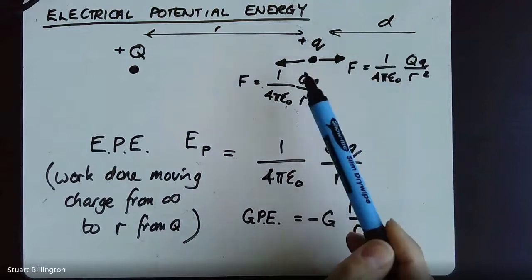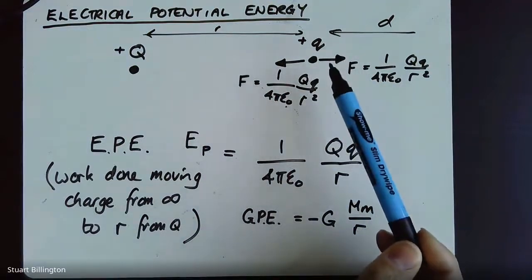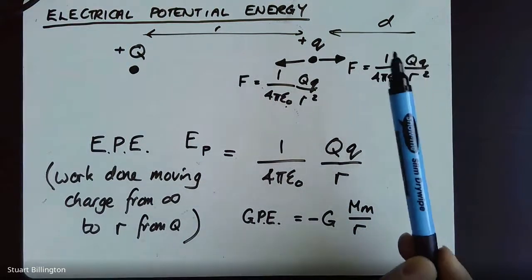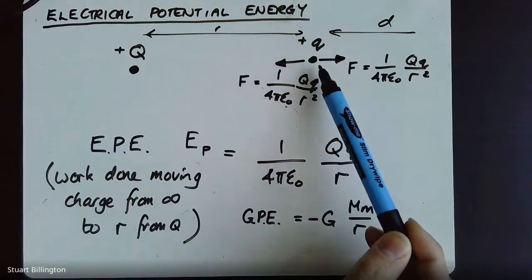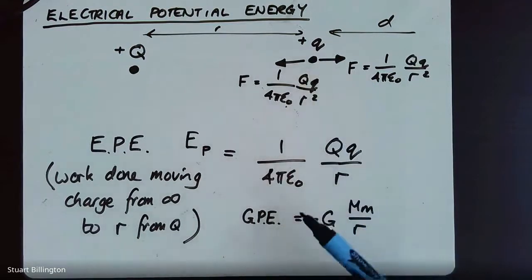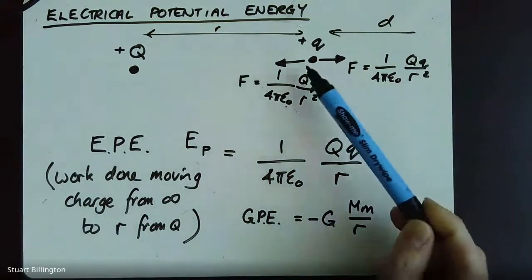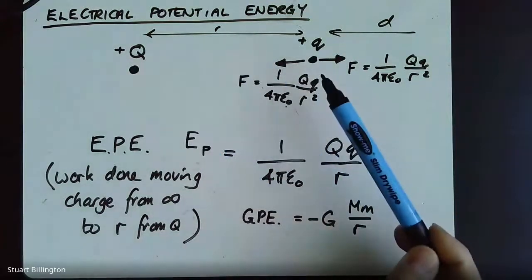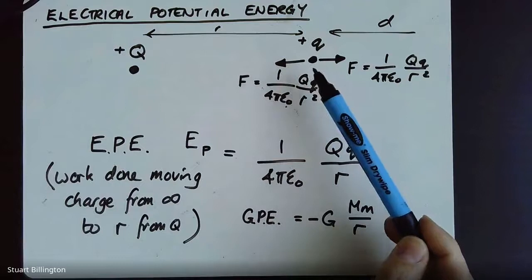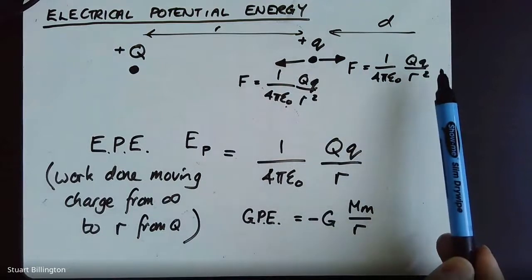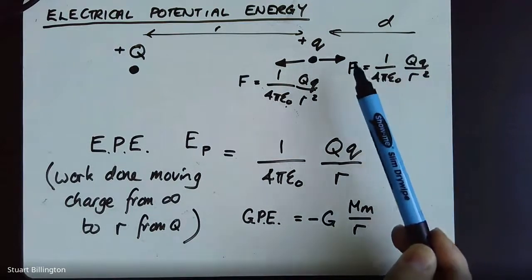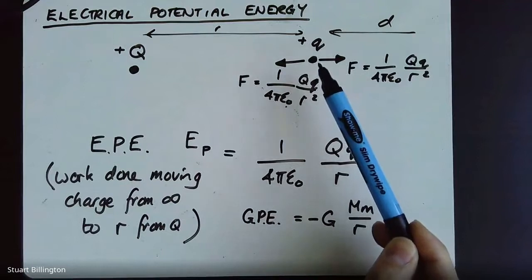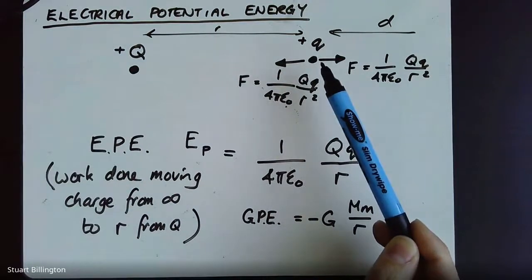And if we want it to have 0 energy when it gets to infinity, then it needs to have a negative amount of energy here. And that's why there's a minus sign on the gravitational potential energy, because it's an attractive force, not a repulsive force. In the case of our positive repelling positive charge, because it's a repulsive force, it begins at 0 energy, and then we top it up as we bring it in so that it really does end up with a positive energy when it gets here.